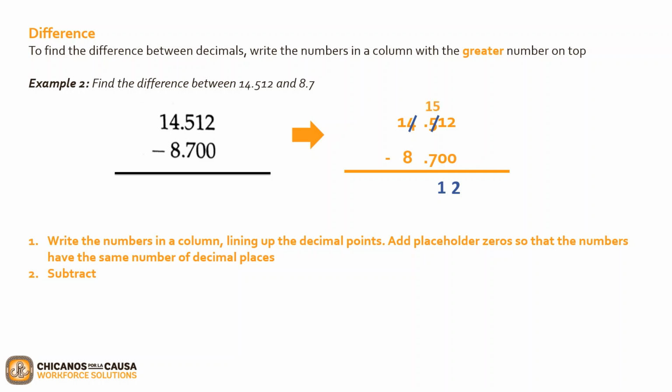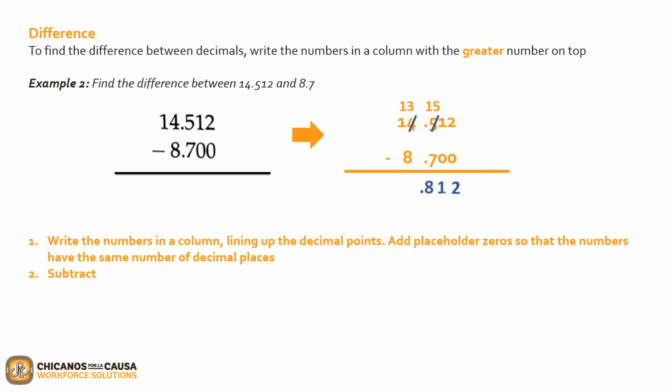Because we have borrowed 1 from 14, we've taken 1 away. Now that has turned into 13. The 1 that we have taken away, we are actually adding to 5, making it 15. Now, we have 15 minus 7, which gives us 8.